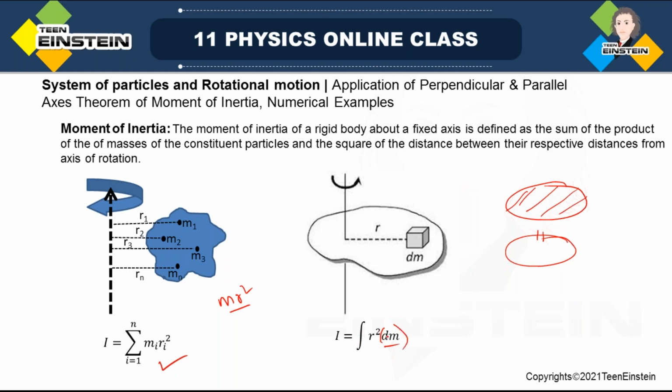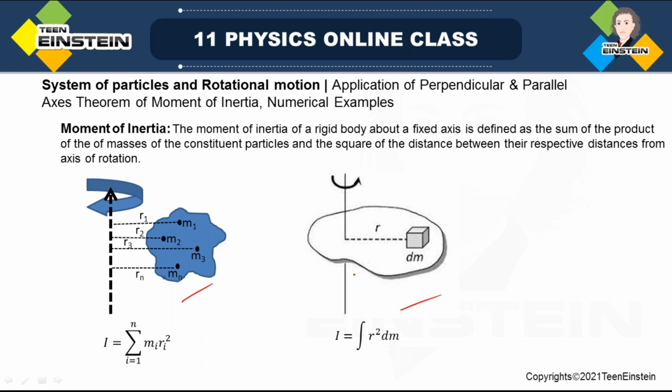Obviously the integration limits vary for different shapes, sizes, and objects. So this is for discrete and this is for continuous mass distribution.